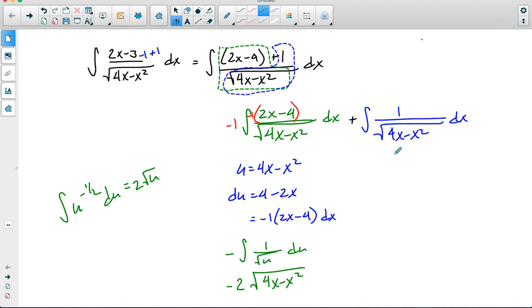And this one right here employs a tricky technique. We're going to have to complete the square in that denominator. So I'm going to make that 1 over, and it's going to be really weird. I'm going to write 0 minus x squared minus 4x, which is the same thing as what I have here.